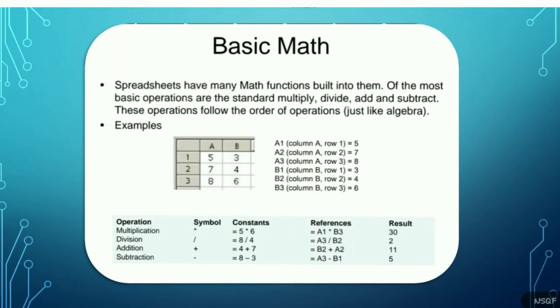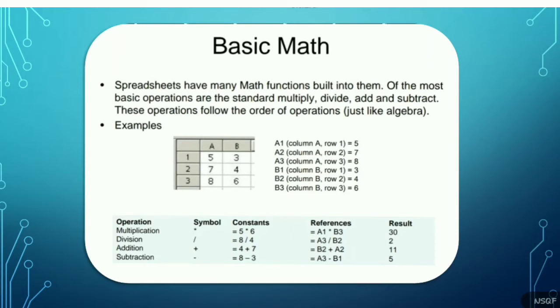Where did this 5 into 6 come from? A1 and B3. So what is in A1? That's 5, right? And in B3, that's 6. What is the result? 5 into 6, 5 sixes are 30.